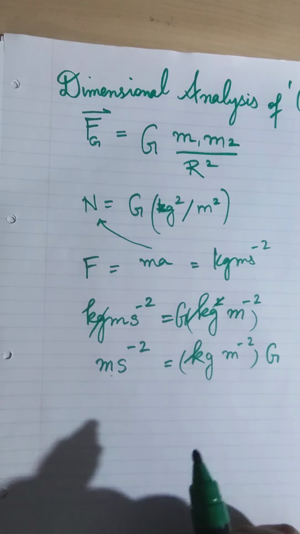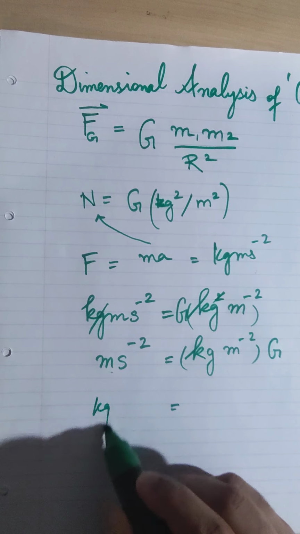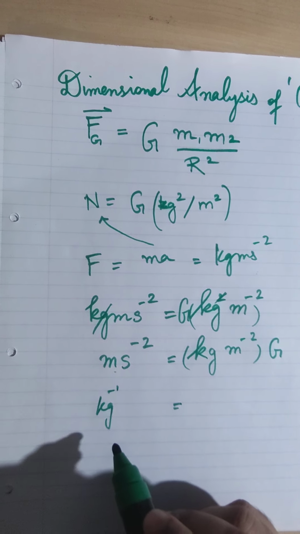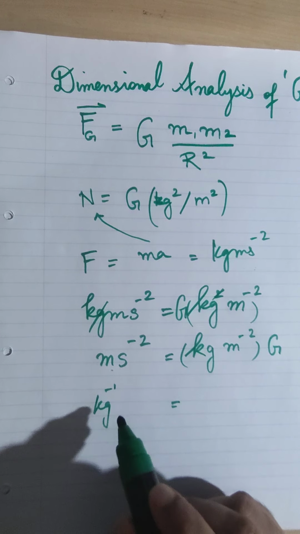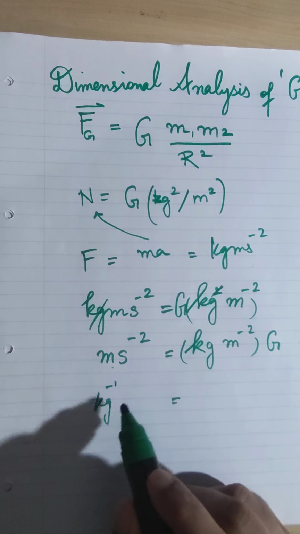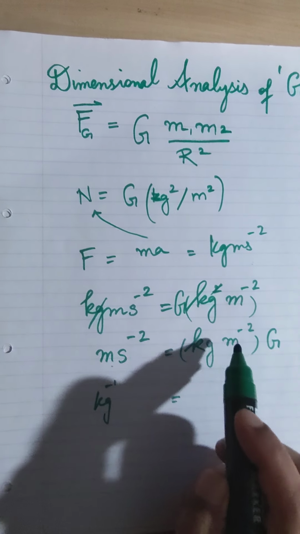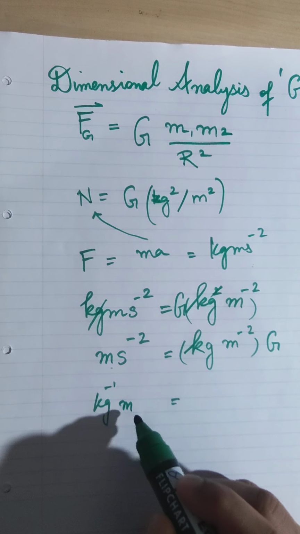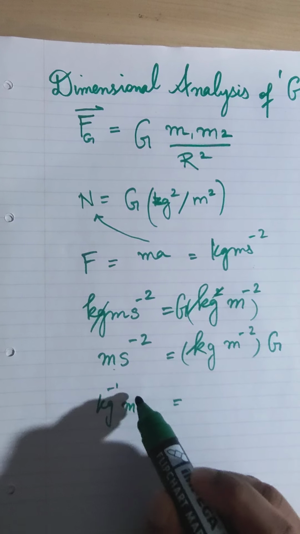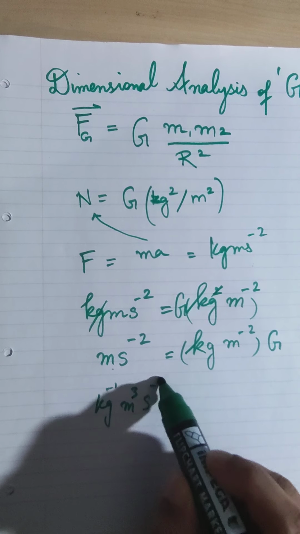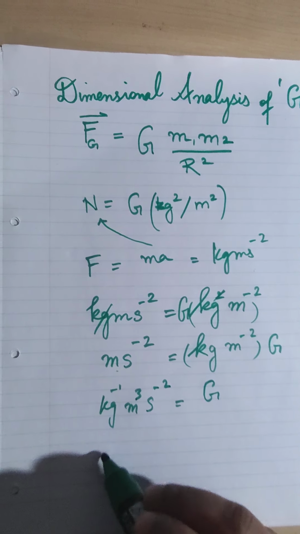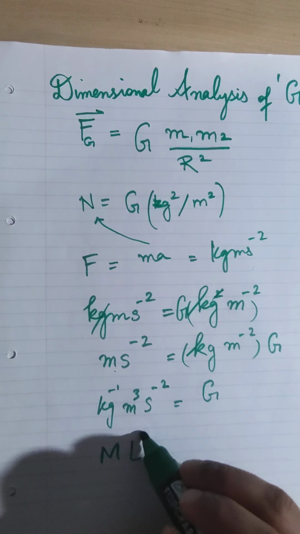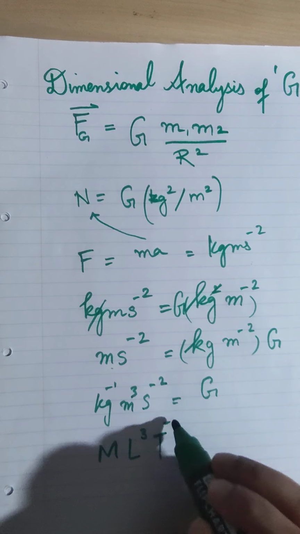So we could just take it to the other side. That'll be meter cubed, so that would be M inverse L cubed T minus 2.